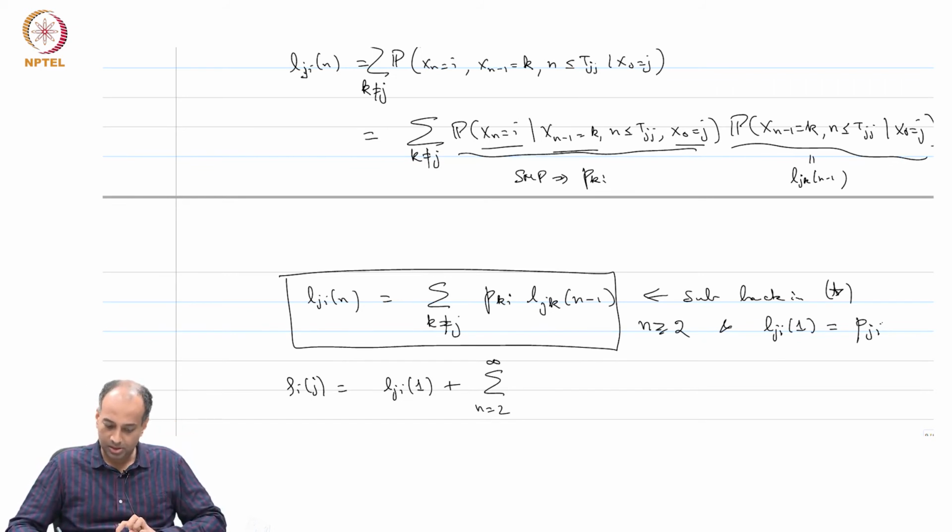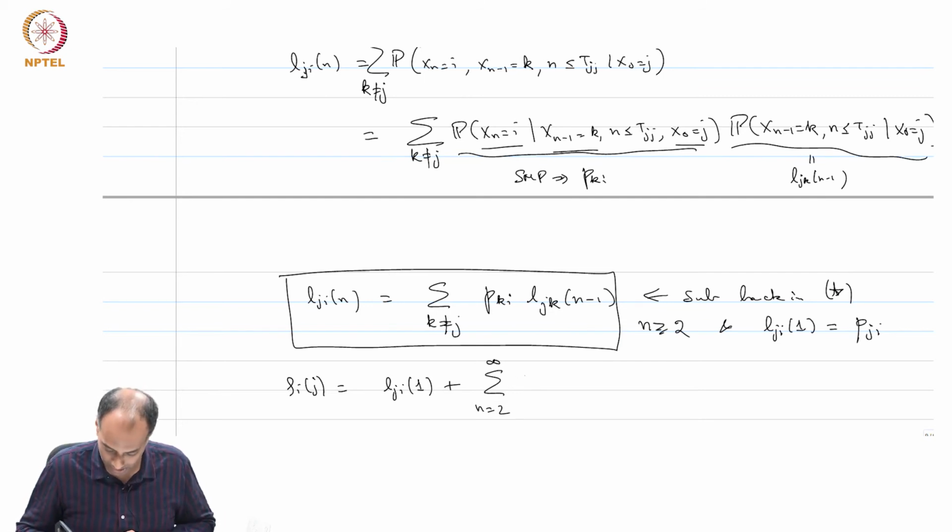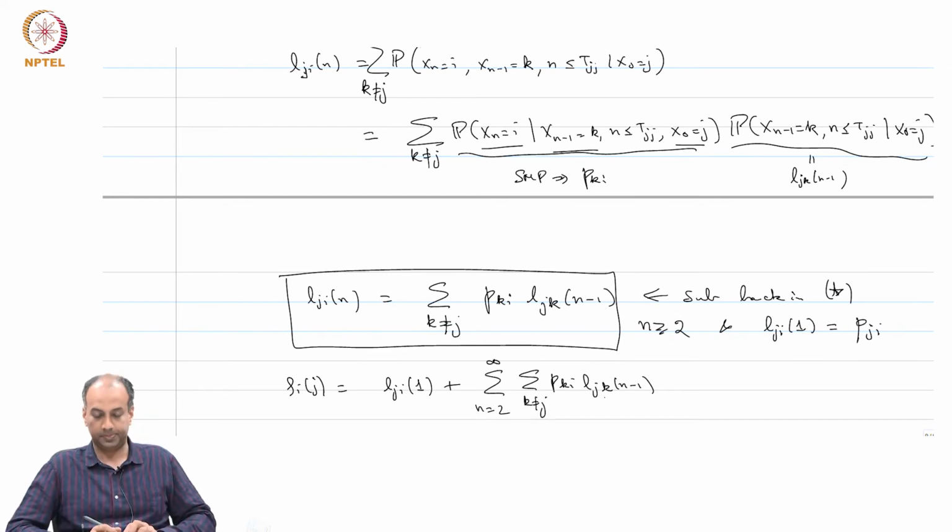Okay. So, I am taking the term L_ji of 1 out, plus the sum from n equals 2 to infinity. I am going to sub this back for L_ji of n, so I am going to write the sum over k not equal to j of p_ki L_jk of n minus 1.